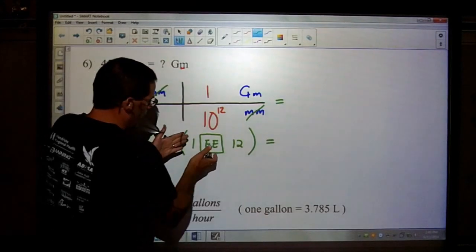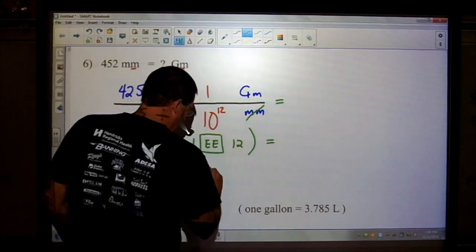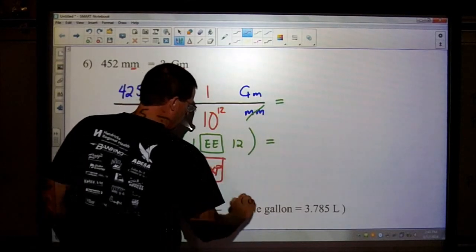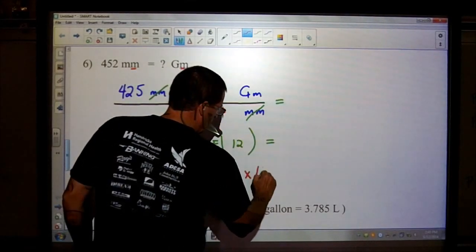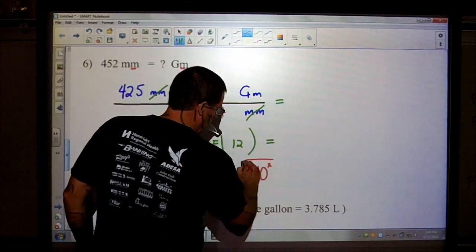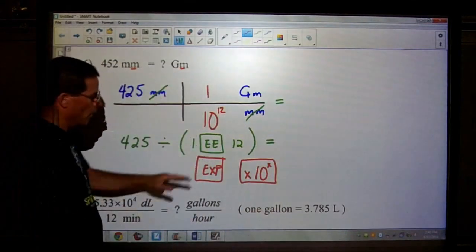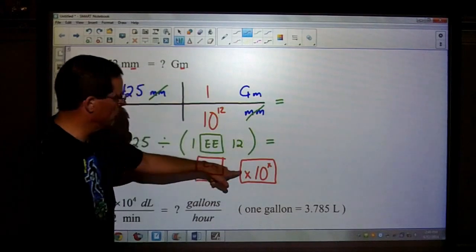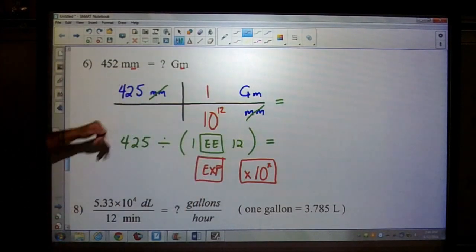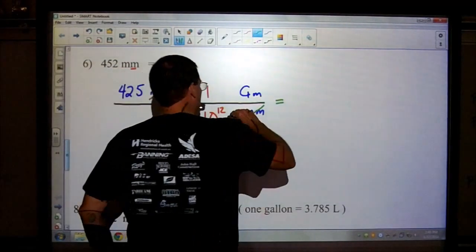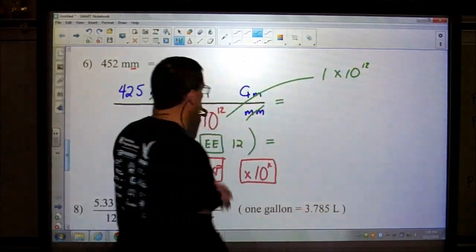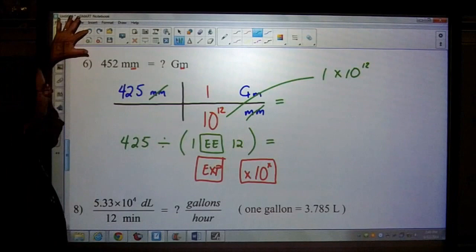So EE, again, EXP, if you have a Casio, I think that's the button that's used. There's another one that I've seen that is times 10 to the X, that's a button as well. So all 3 of these things represent the same thing, or in other words, 1 times 10 to the positive 12.